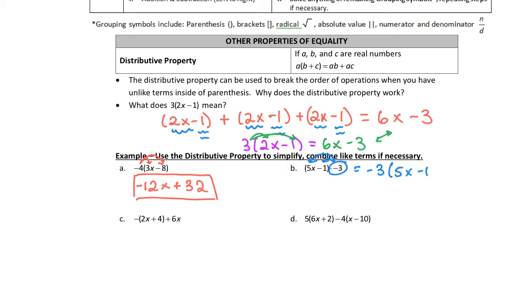We do have that very small multiplication dot right there. This is not subtraction. This is still multiplication. Sometimes they will also use a parenthesis around that single value. So once again, we're going to take that and distribute the negative 3 to the 5x. So I get negative 15x, and then negative 3 times negative 1 would be positive 3. And that is my final answer.